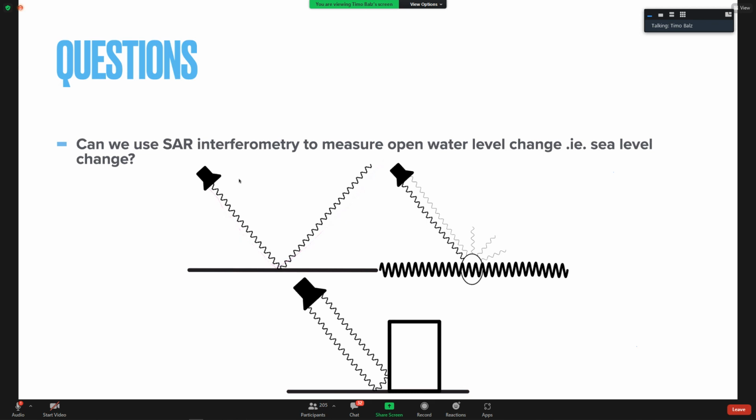You get almost no signal back to the sensor, which means you also do not have anything where you can measure your interferometry, because you don't get enough information back. What you will get back is typically below the noise level.